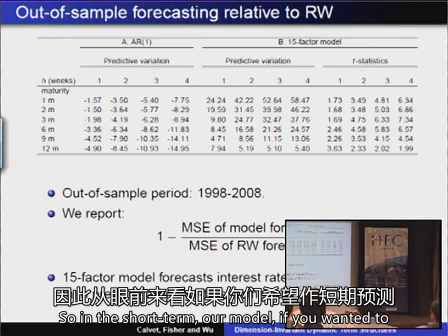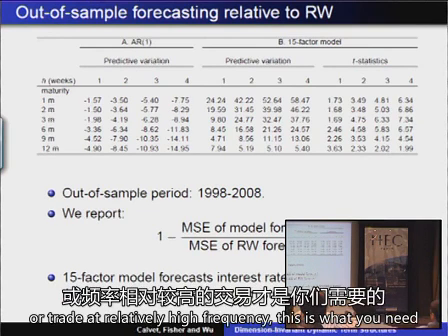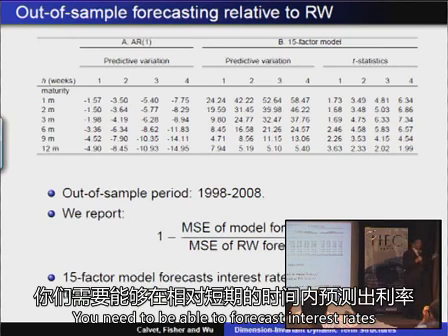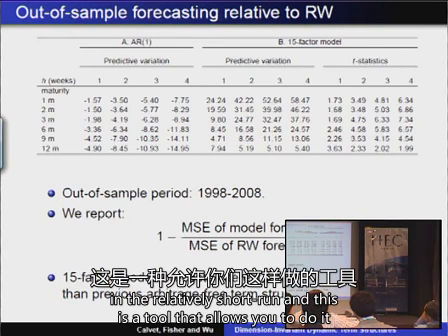So in the short run, if you want to make short-run forecasts, and those of you who are traders or trade at relatively high frequency, this is what you need. You need to be able to forecast interest rates in the relatively short run, and this is a tool that allows you to do it.